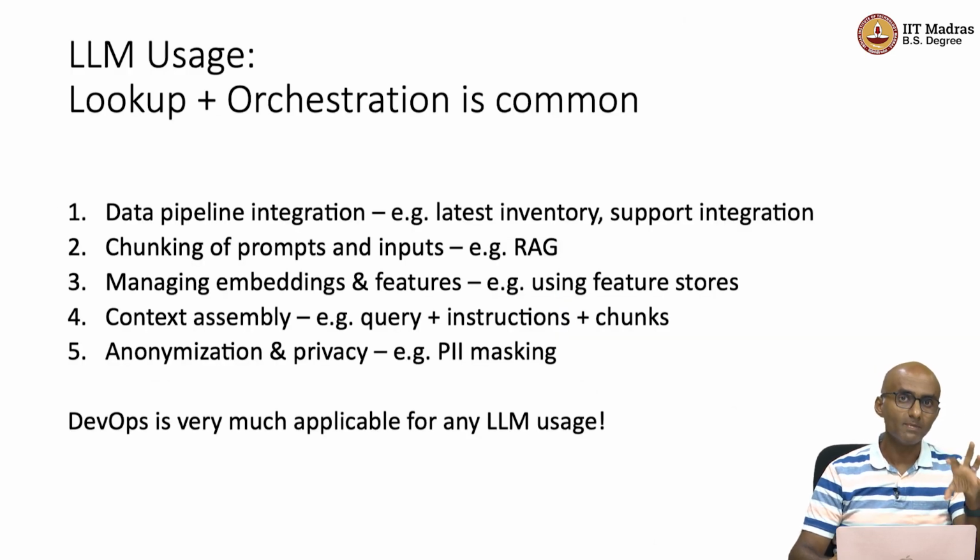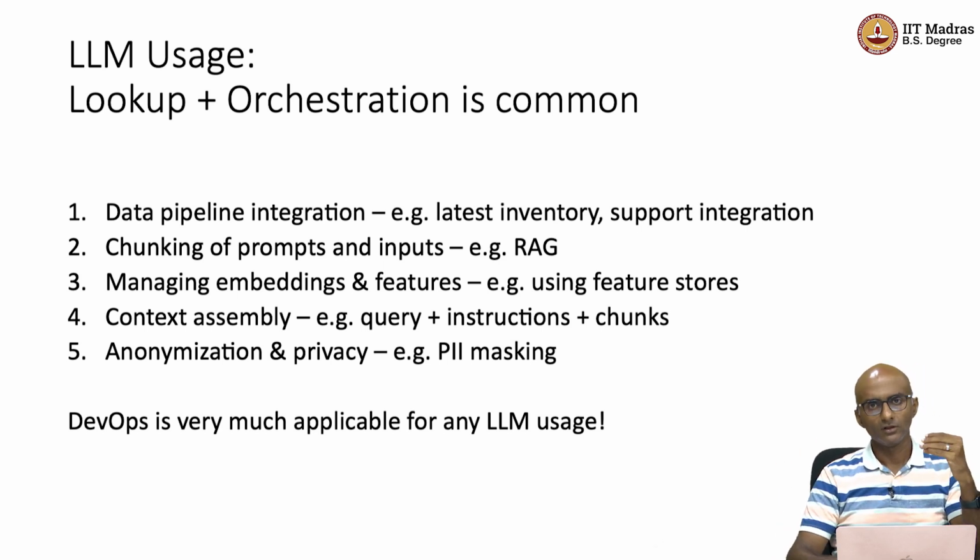So how do you augment this limitation, so to speak, of working with newer data? The way this has evolved in the popular usage of LLMs is using common patterns for data lookup and orchestration. So let's take an example. I want the latest information about all my inventory for specific products in my e-commerce marketplace.